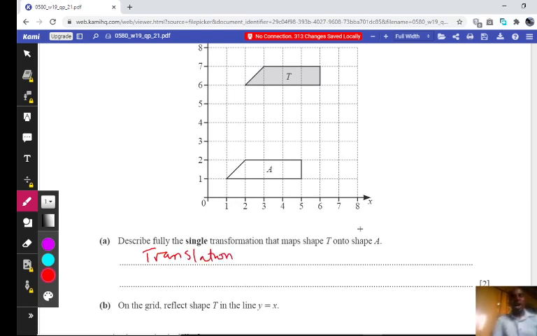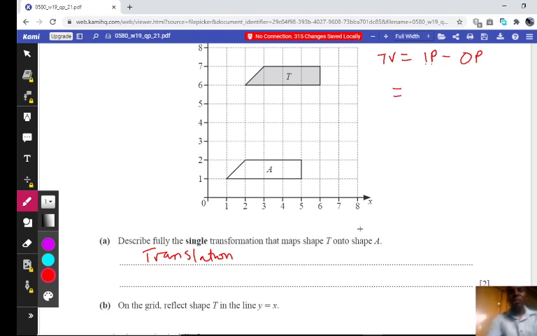Then, after stating translation, you need to state the translation vector. The translation vector is the image point minus the original point. That's how you find the translation vector.